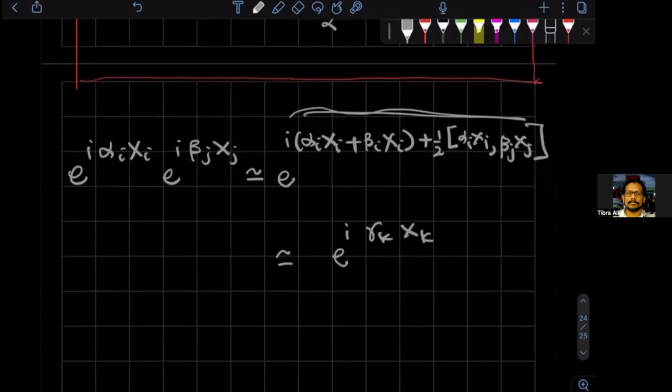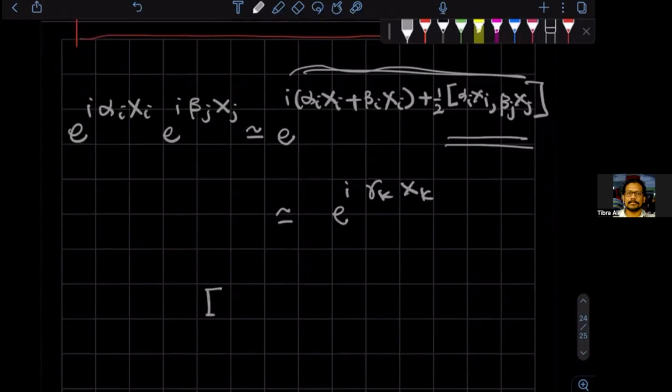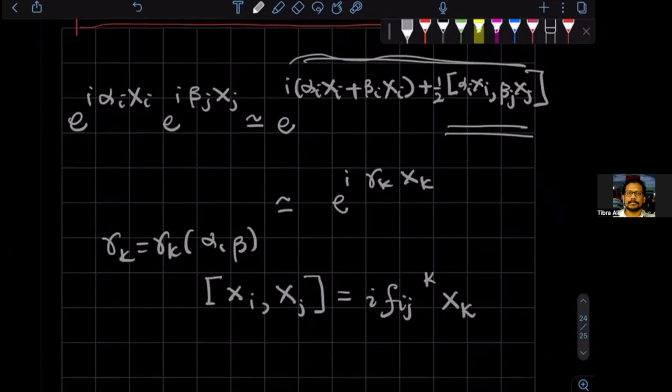So this will only be true if the commutator of xi_i, xi_j, for some gamma_k which is a function of alpha and beta, is a linear combination of xi_k, right? By the group closure property, this must be the case.